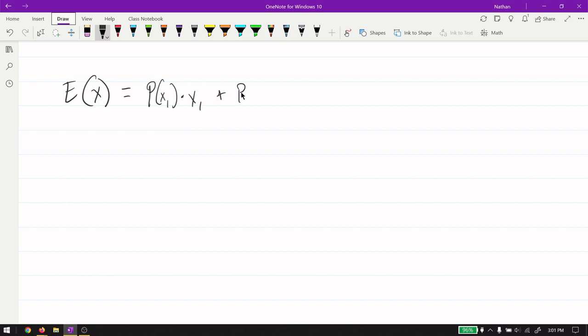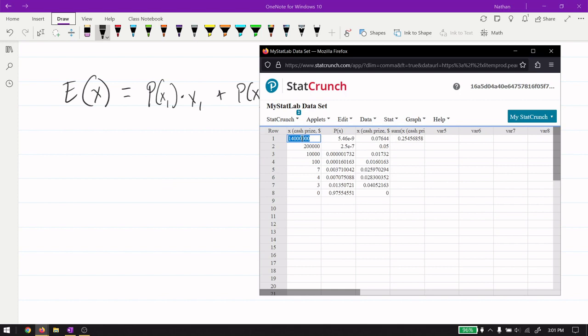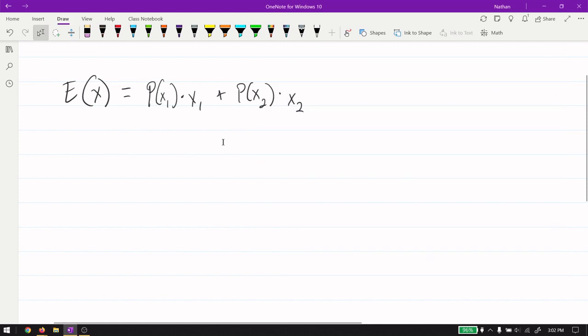Then add it to the probability for the next highest prize times the actual prize. That's what I just did to get this number here. I multiplied the cash prize amount by the probability of that, and then I added those up to get our expected value. Now what I'm doing is changing this amount. So this is going to be our variable x. This of course just continues on to however many you need. Really what we want to do is get an expected value of $1.